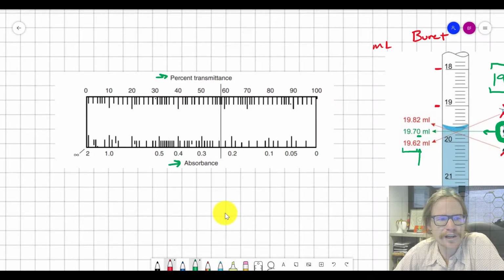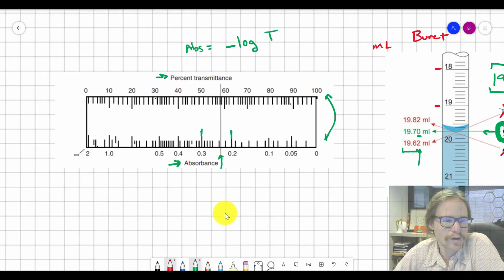It's a lot easier if we, even though transmittance and absorbance are related to each other functionally, and we'll talk about this later through the relationship negative log T is equal to absorbance, which is why you get these two scales. It can be easier to make your measurement first in absorbance in this case because it's easier to tell where the gradations are. So in this case, we have 0.2 here and 0.3 here.